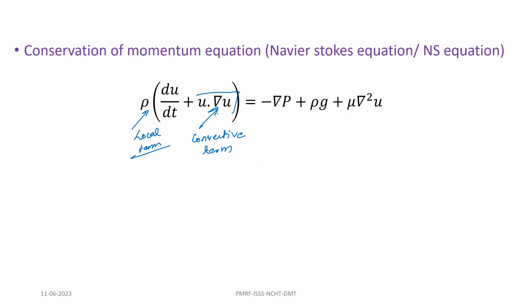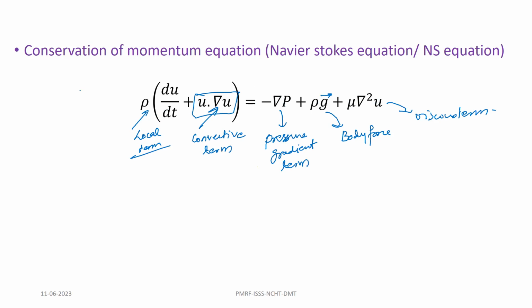This operator I will explain, how that is expanded. Then this is the pressure gradient term. And this is the body force, or the weight here. And this is also a vector. And this is the viscous term.